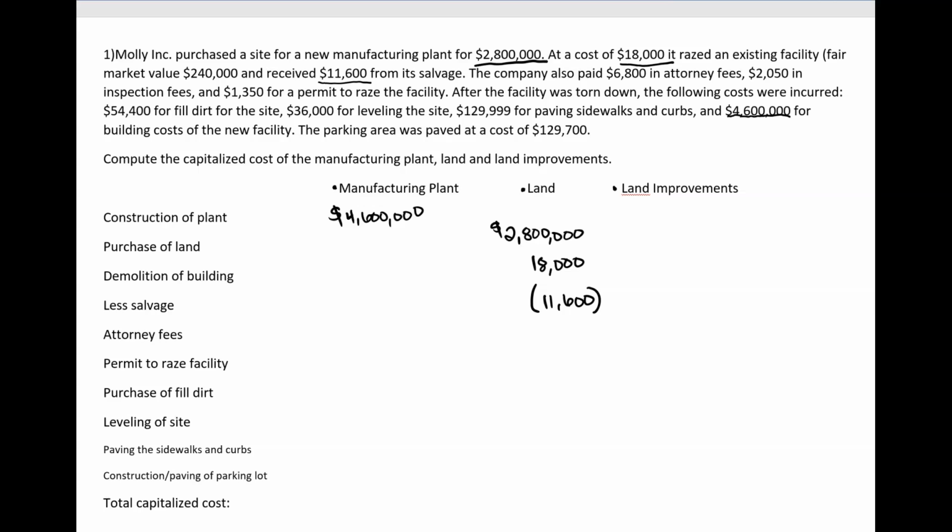Attorney fees, $6,800. Permit to raze facility is $1,350.